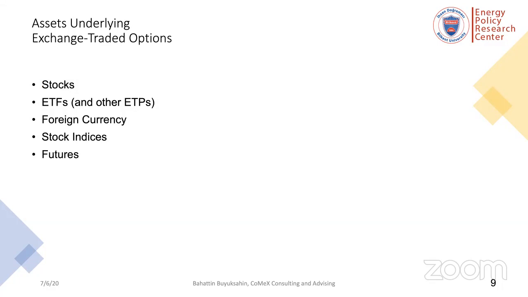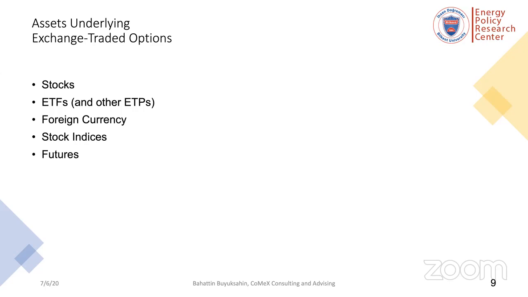What assets can an exchange traded option have? Options can be on stocks, on ETFs, on foreign currency, on stock indices, or on futures contracts. For example, in futures, because there is no option on crude oil itself, we see options on crude oil futures.